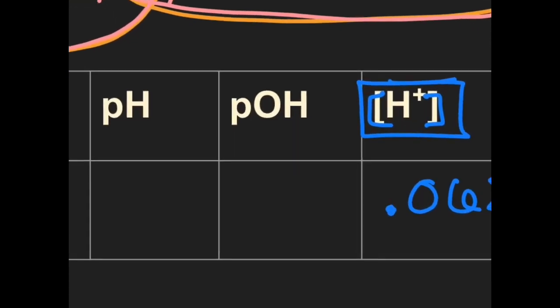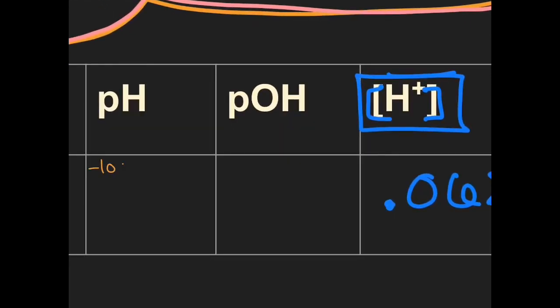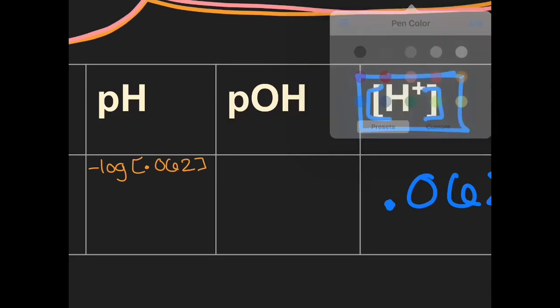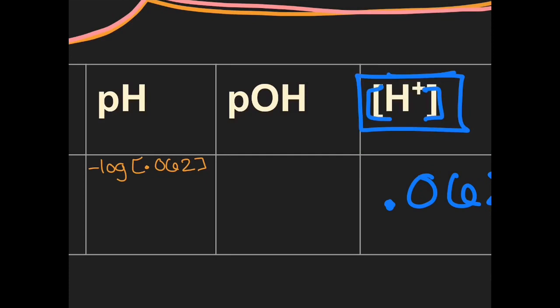So now that I have the H plus concentration, I can calculate my pH. Remember, we're calculating pH by doing negative log of the H plus concentration. So negative log of 0.062. And once I plug that in, I'm going to get a pH of 1.21. Now that I have my pH, I can calculate pOH because we know that pH plus pOH equals 14.